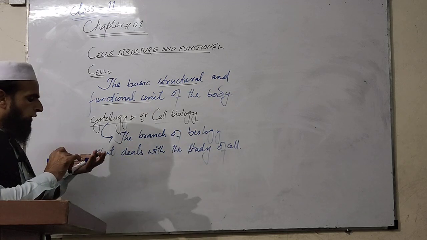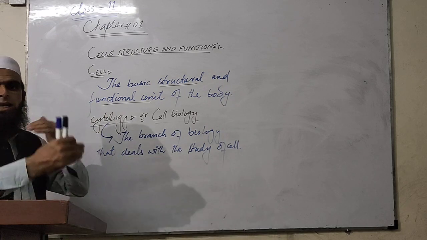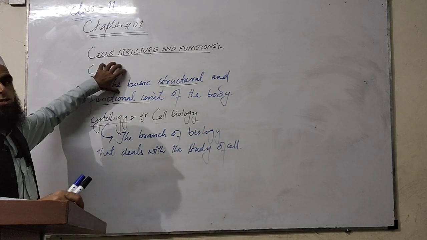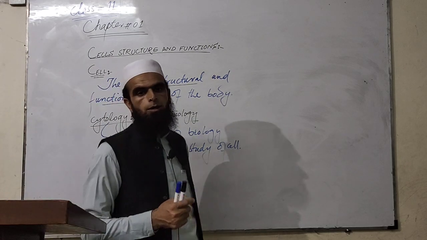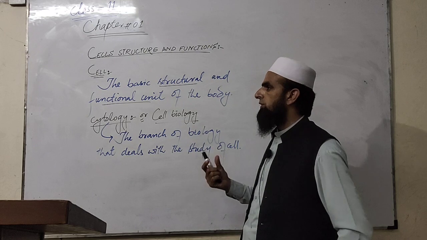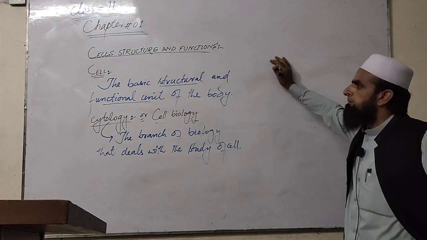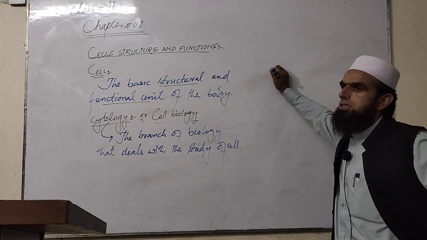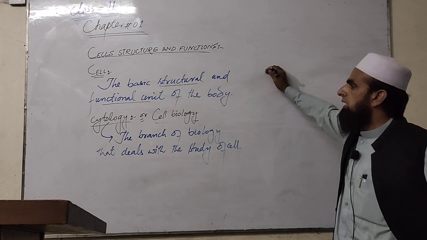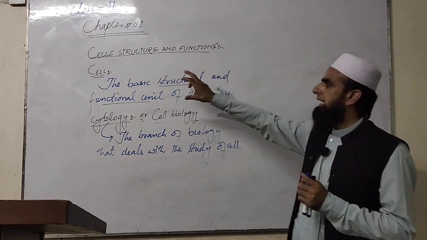Before going into further discussion, we are going to talk a little bit about the history of the cell, after which we will be able to talk about cell theory. There is a theory which has been proposed by two scientists, one a botanist and the other a zoologist, Schleiden and Schwann. But before that, a little bit about the history of the cell.